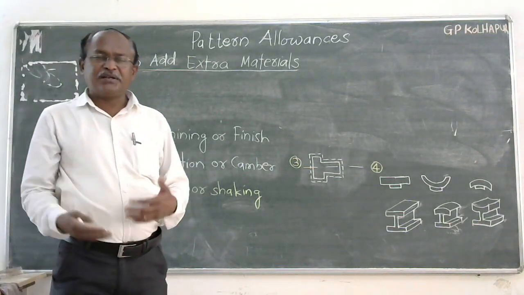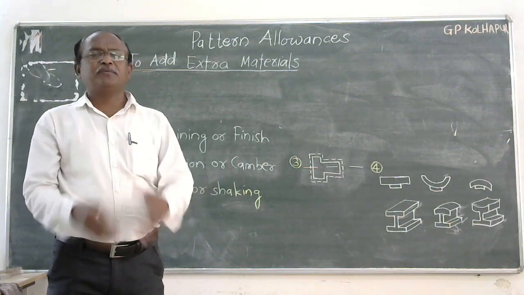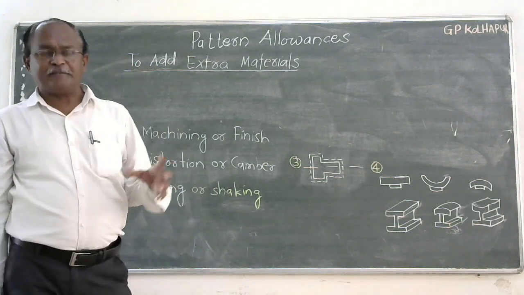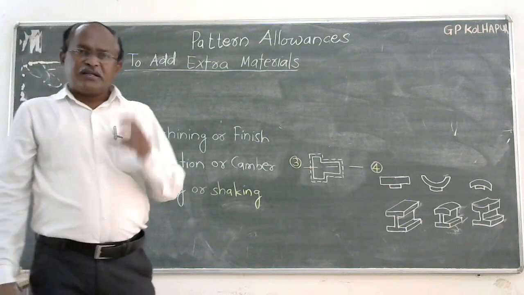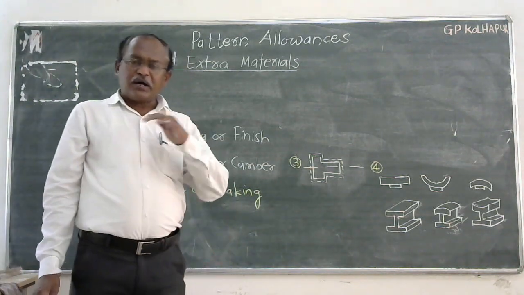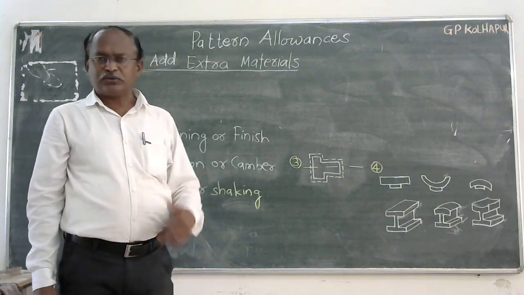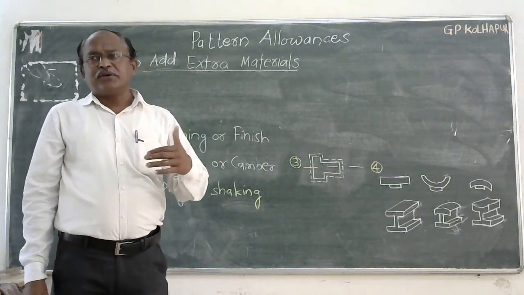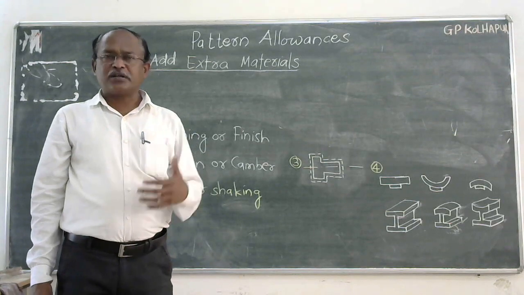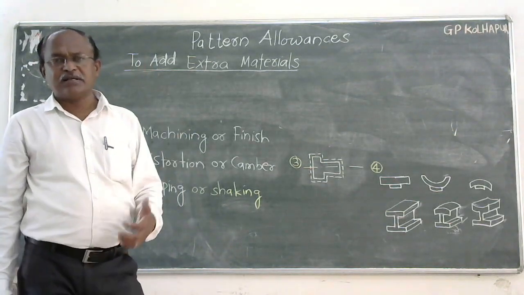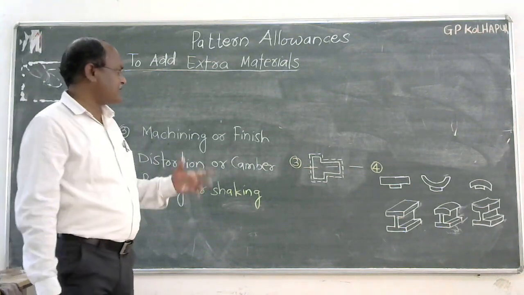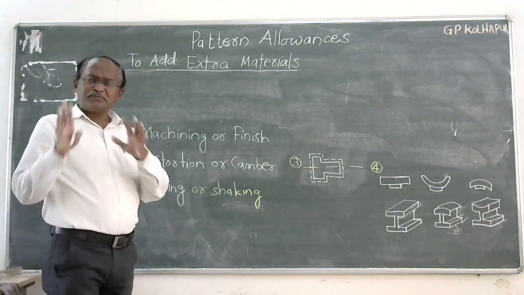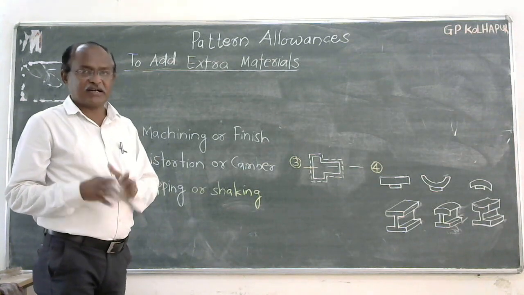You are going to turn it, or some milling or grinding operation is to be carried out after casting, because after casting the product you are not able to obtain a good surface finish on the outer surface. You produce a smooth surface on the cast product so that you can overcome the friction between two mating parts. That's why we require a finished surface on the cast product.